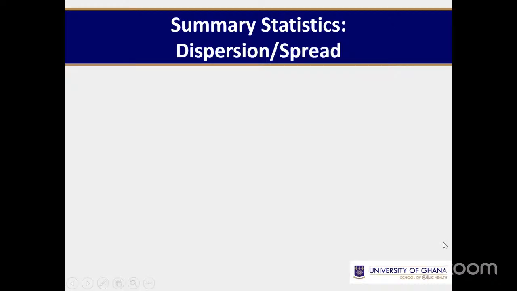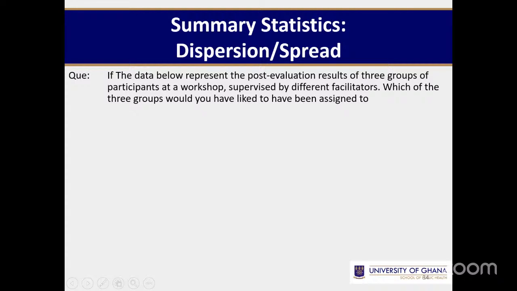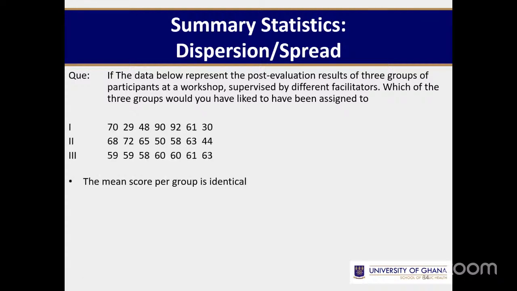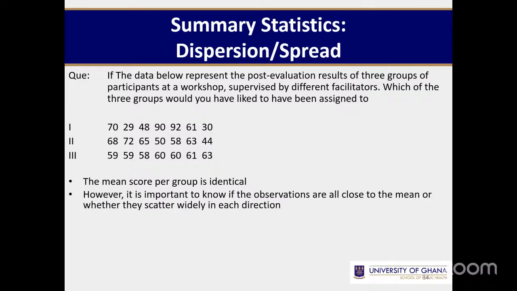Now let's talk about dispersion. If you take a look at these data I've given you, if you calculate the mean ages of this data set, each of them gives the same number.